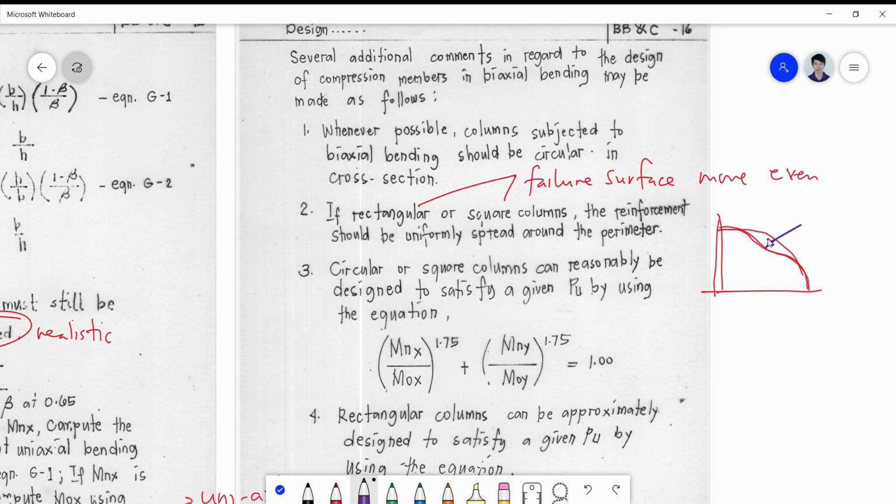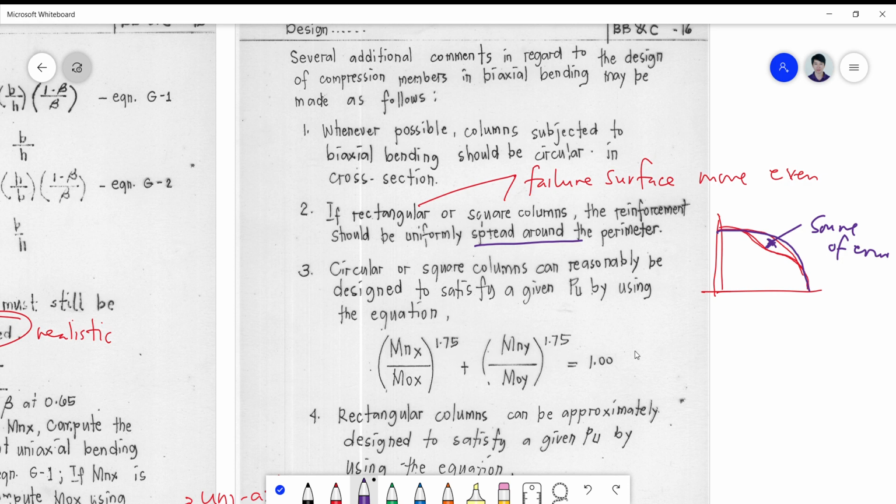So this might be a source of error in your computation. Making sure that the spread around the perimeter will give you a very even concavity of your surface. So circular or square columns can reasonably be designed to satisfy this one. Okay, 1.75.